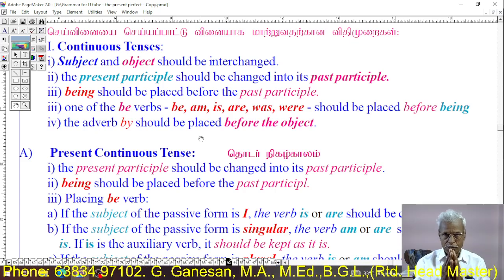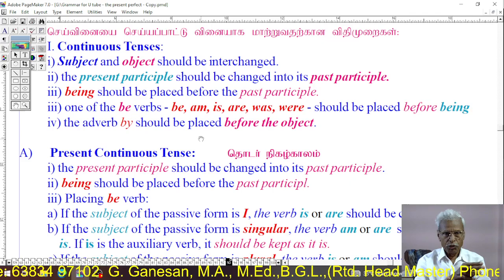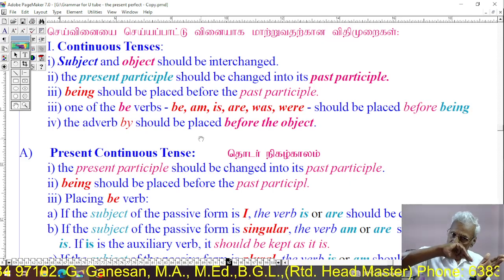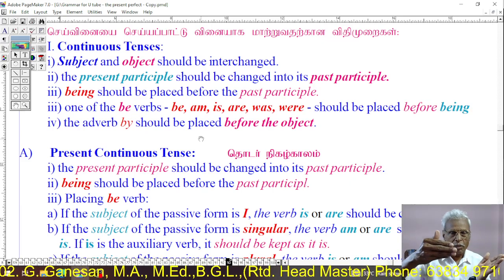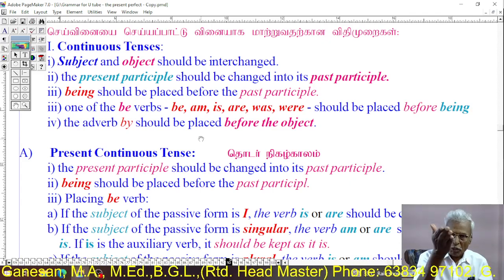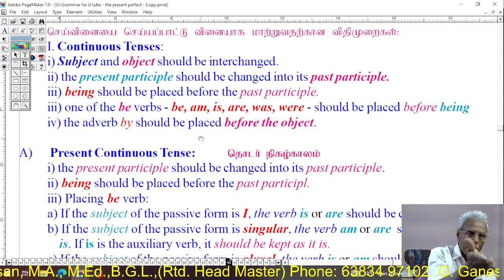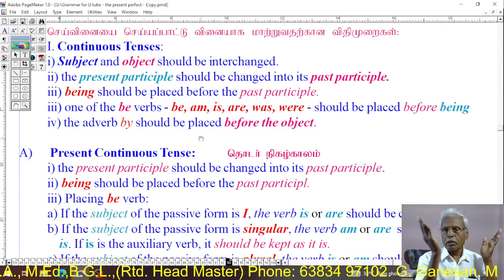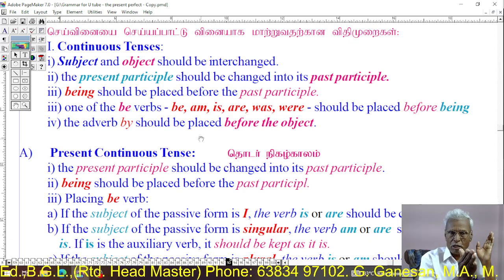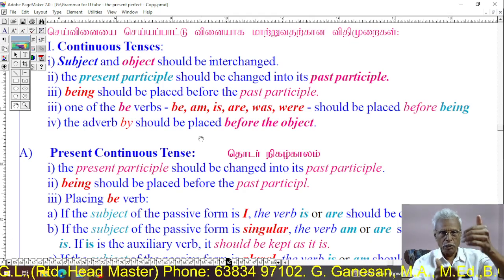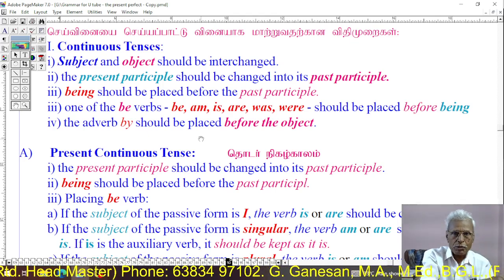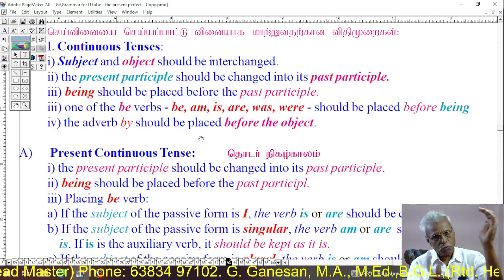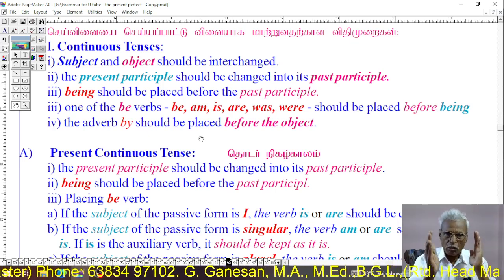The main condition is subject and object interchanging. Then changing the present participle into past participle and placing being before the past participle. Then using am, is, are, was, were. These are the main rules regarding converting the continuous tenses from active into passive voice.